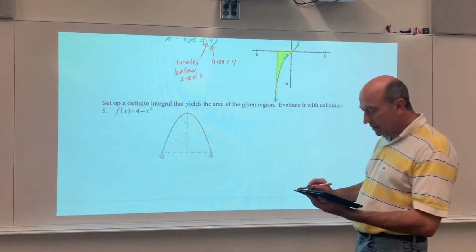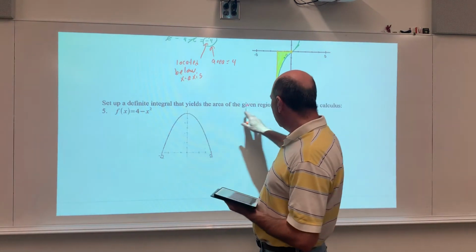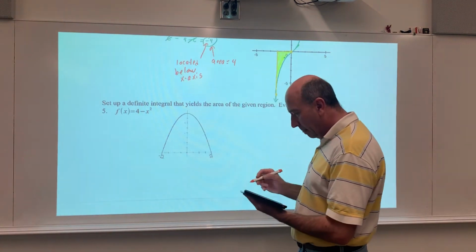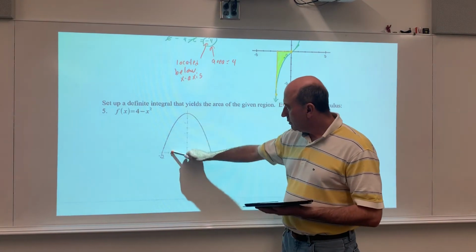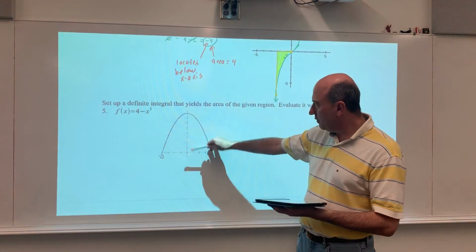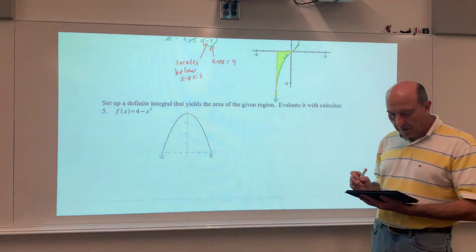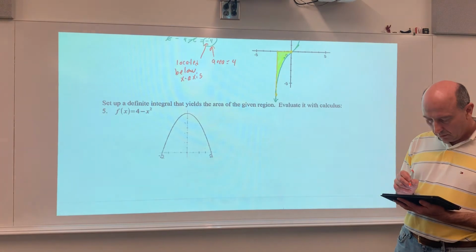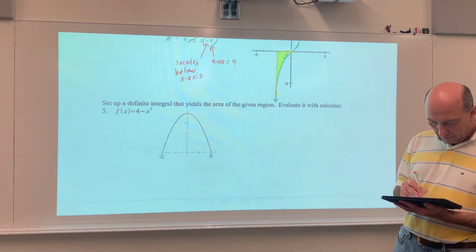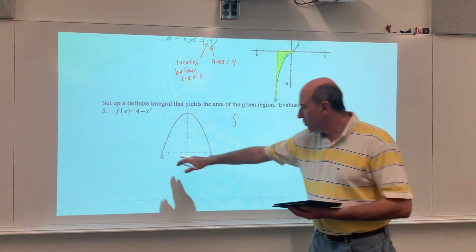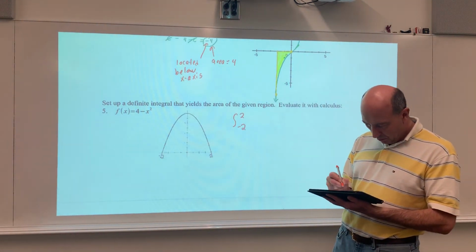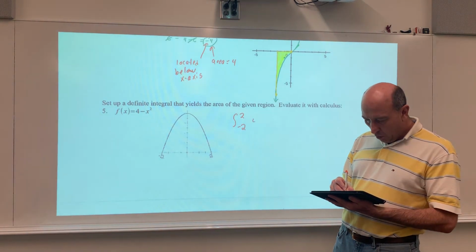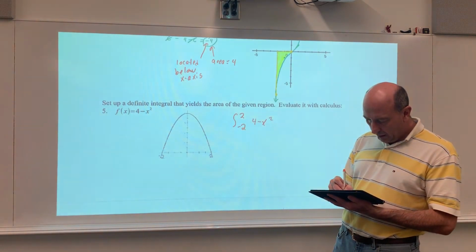Okay. Set up a definite integral that yields the area of the given region. So the region is here, between the curve and the x-axis. And then we'll evaluate it with calculus. Okay, let's give it a try. So the region goes from -2 to 2, and we have the integral of 4 minus x squared dx.